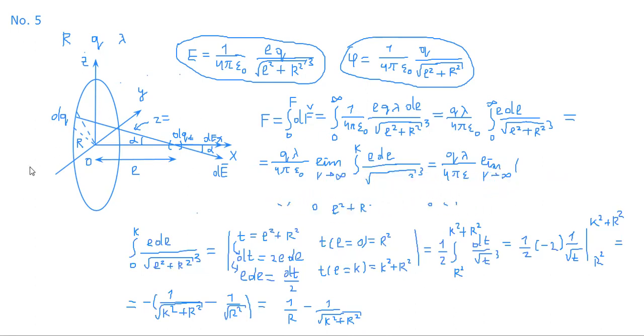It is better to rewrite this: here we have 1 divided by R minus 1 divided by the square root of k squared plus R squared.